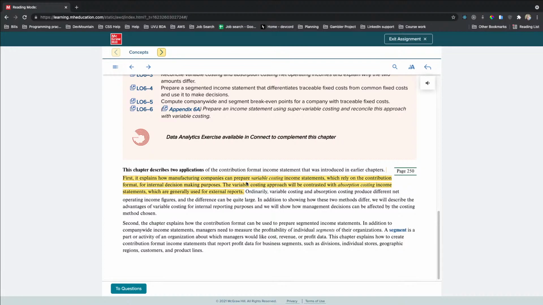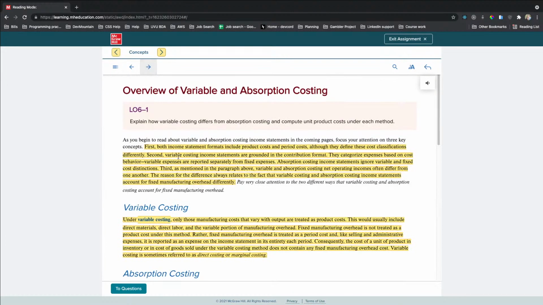Very valuable info. First off, the two things that we're talking about here, variable costing and absorption costing, they're going to probably show us an image here in the next page. But the big difference between these two is variable costing isn't everything, whereas absorption costing is, basically, in a nutshell.